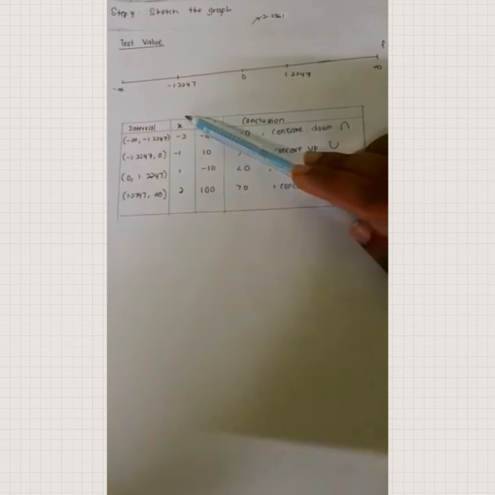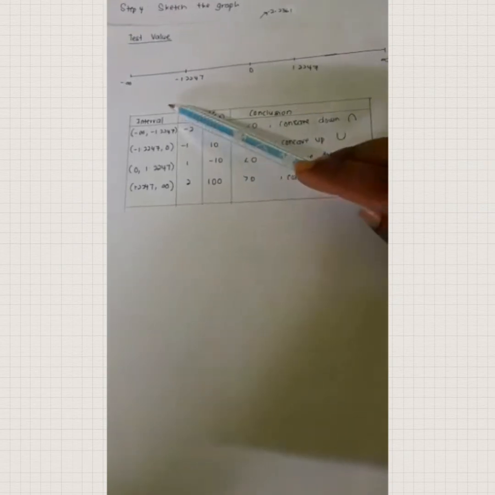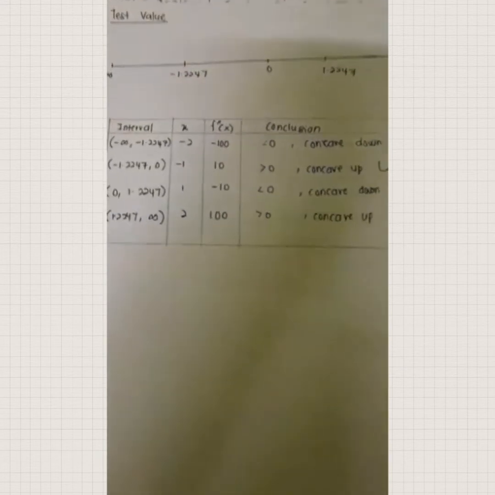Before we move to step 4, we have to test our values. I draw the timeline again, this time for the second derivative. The intervals are negative infinity to negative 1.2247, negative 1.2247 to 0, 0 to 1.2247, and 1.2247 to positive infinity.